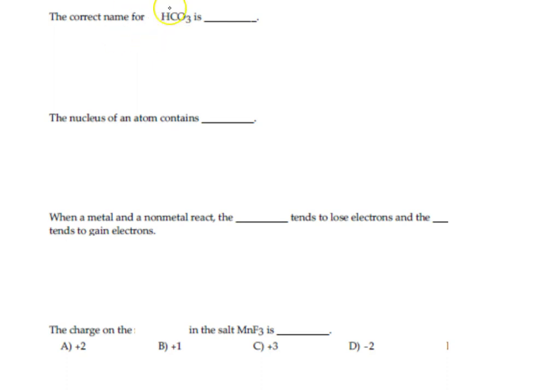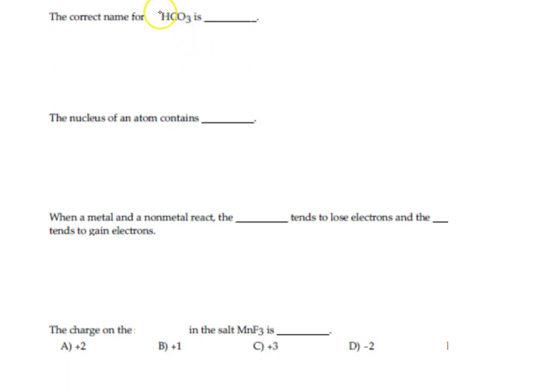So at a minimum tomorrow, make sure you know HCO3 is what? Hydrogen carbonate. And then you just have to know the name of the metal that goes in front. Look at this. There's no number out here. So you know whatever this is, it's got a charge of 1.